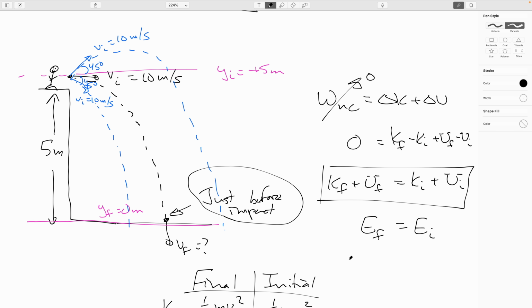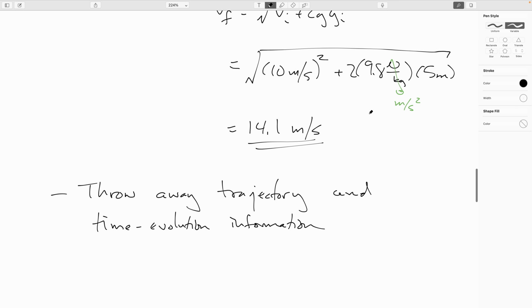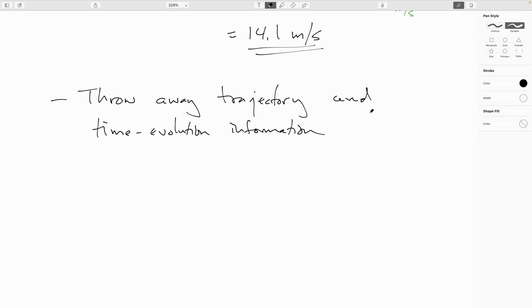Now, if you do care, you're kind of stuck. If you need these, you either have to do what we call exploit a constraint.